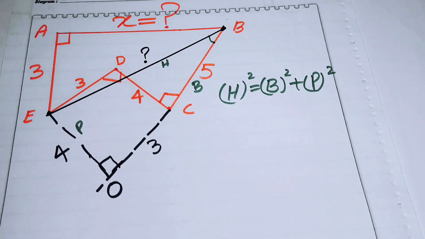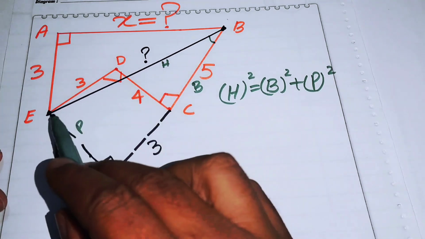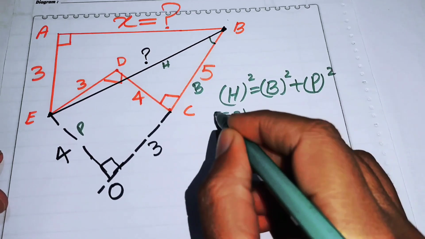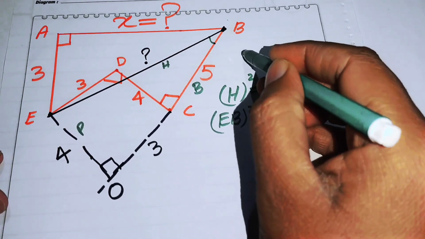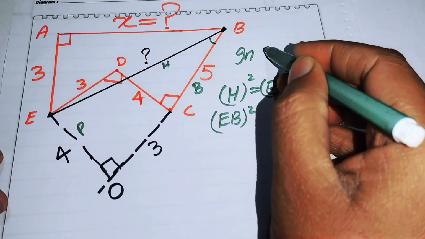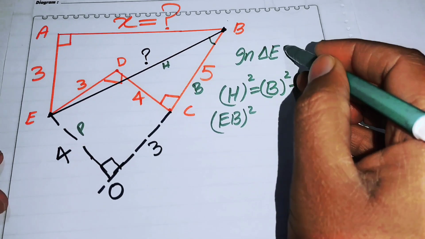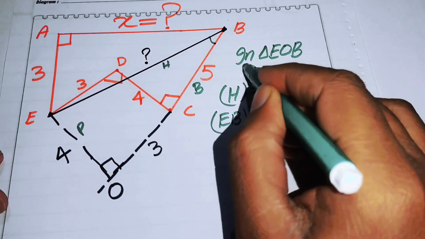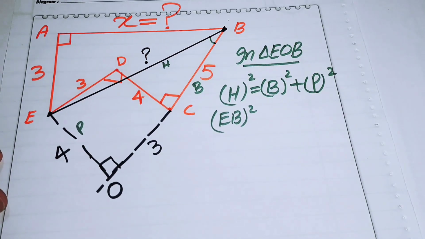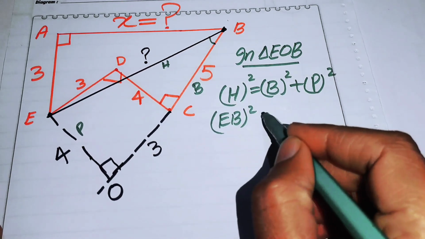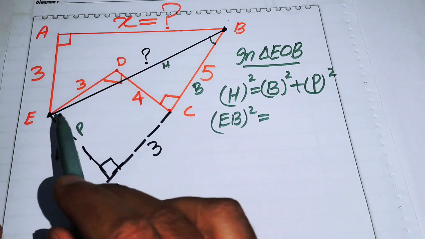Our hypotenuse is EB, so you get EB square. First we talk about right triangle EOB.